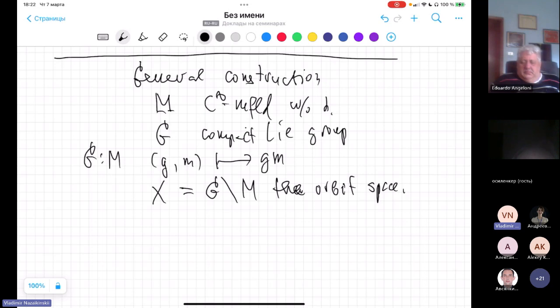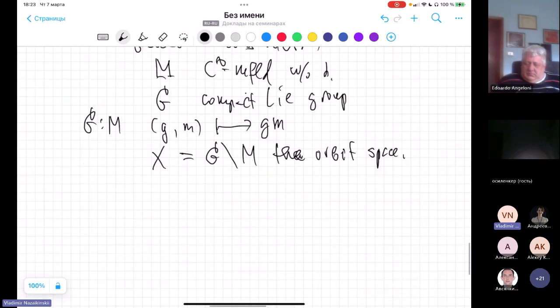This is very special, but nevertheless, this is a stratified manifold, and we will be interested in the construction of semiclassical asymptotics for equations on X, which are obtained from some differential or pseudo-differential equations on the manifold M. And well, so if we have this orbit space, then of course we can define some function spaces on X.